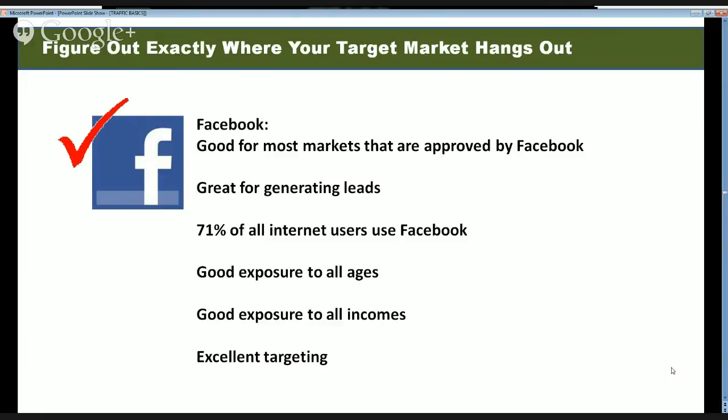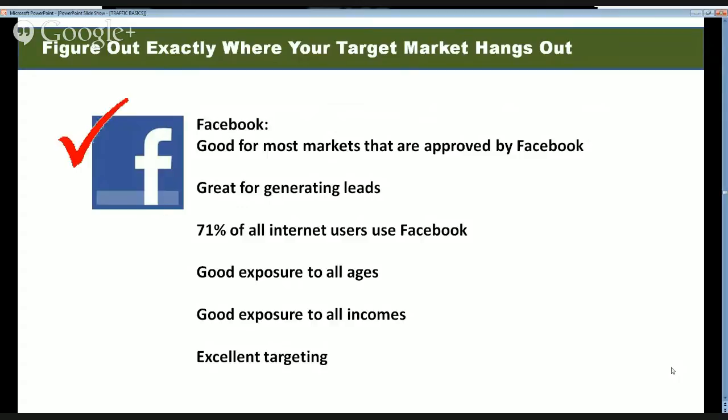What do I mean by that? Well, here's the thing. You can target so specifically. You can go to a specific address and send ads only to the people at that address.